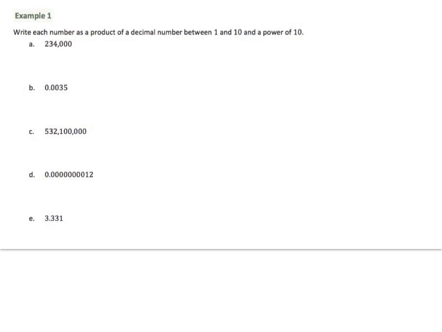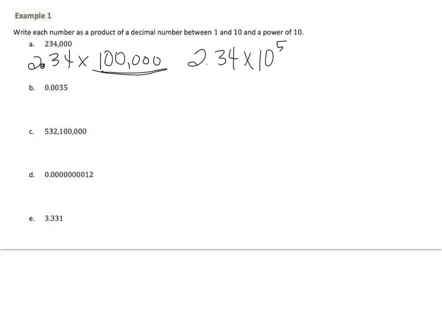So what we really have here is 2.34 times 100,000, right? So this right here gives me 10 to the 5th. So 2.34 times 10 to the 5th.